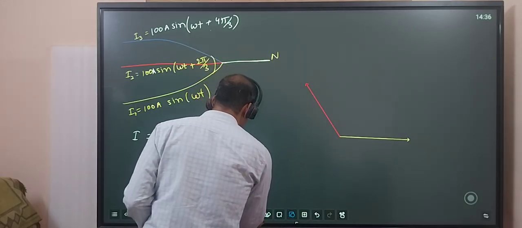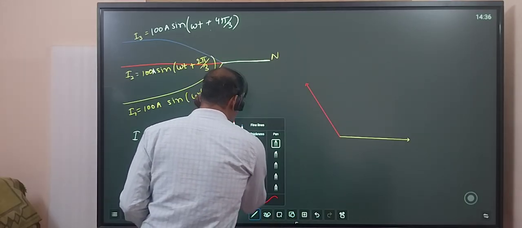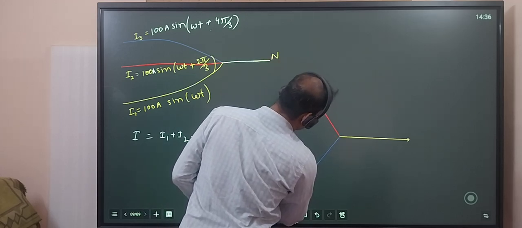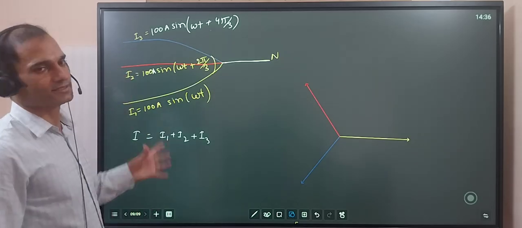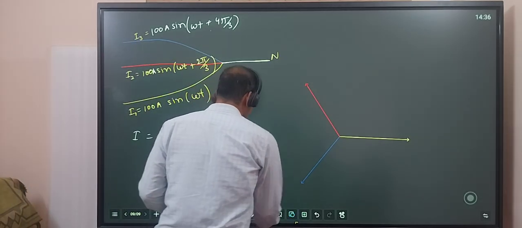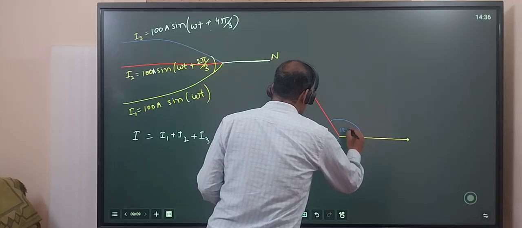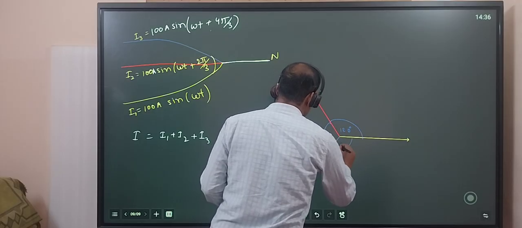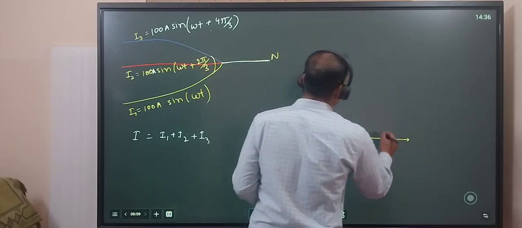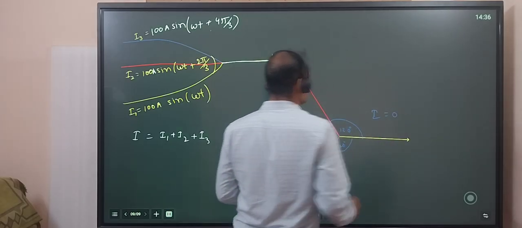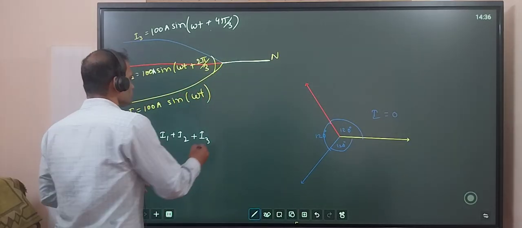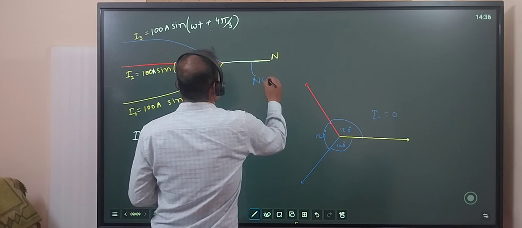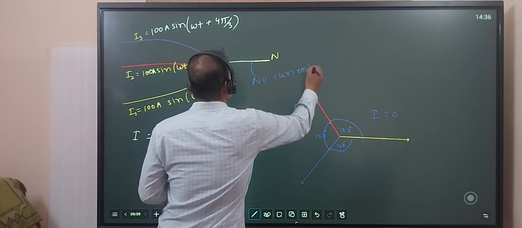Then we have the blue one, which is again ahead by 120 degrees. So you can see that we have three vectors, and all these vectors differ by 120 degrees. Here the vector sum will be 0. So phasor sum will be 0, so we are going to get 0. So here there is no current.